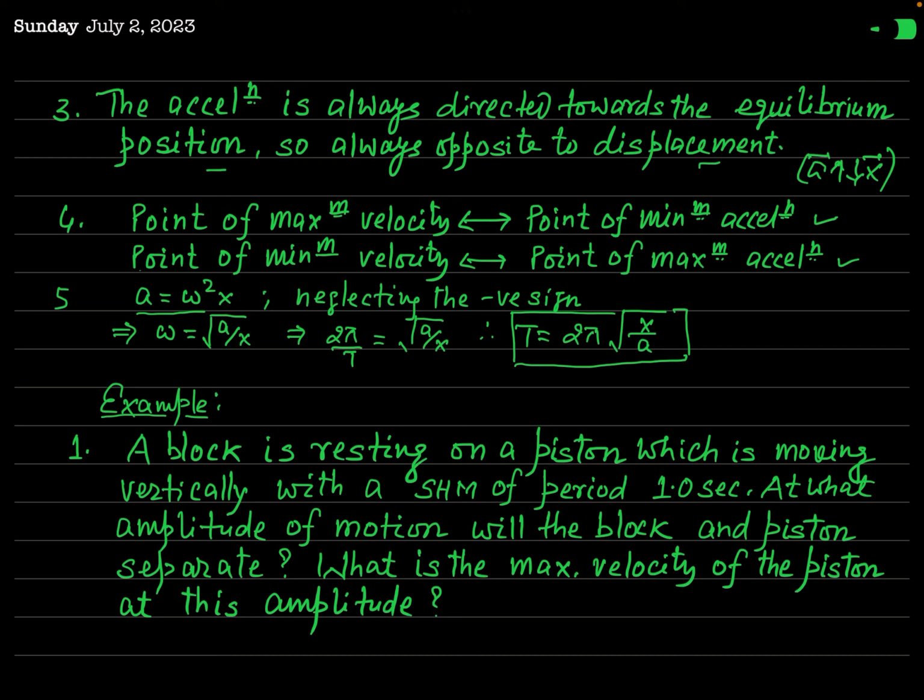But if T is the time period of simple harmonic motion, then omega is equal to 2 pi over T. And so T is equal to 2 pi root over x by A. This is actually the general expression for finding the time period of an oscillator executing simple harmonic motion. You can use this formula as a standard result for finding the time period of any system executing SHM.